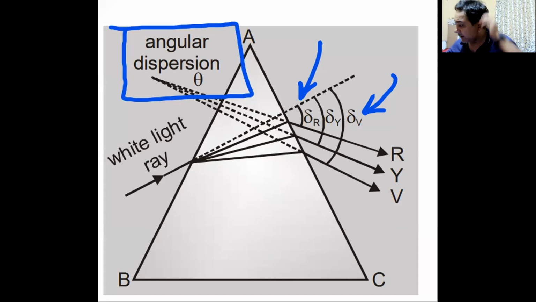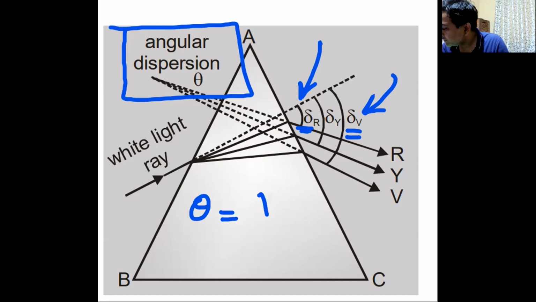See, we have a deviation for violet, which is the highest. We have a deviation for red, which is the lowest. The difference between the two is known as angular dispersion. So theta, the angular dispersion, is nothing but, oops, I've written the wrong symbol, is nothing but deviation of violet minus deviation of red.